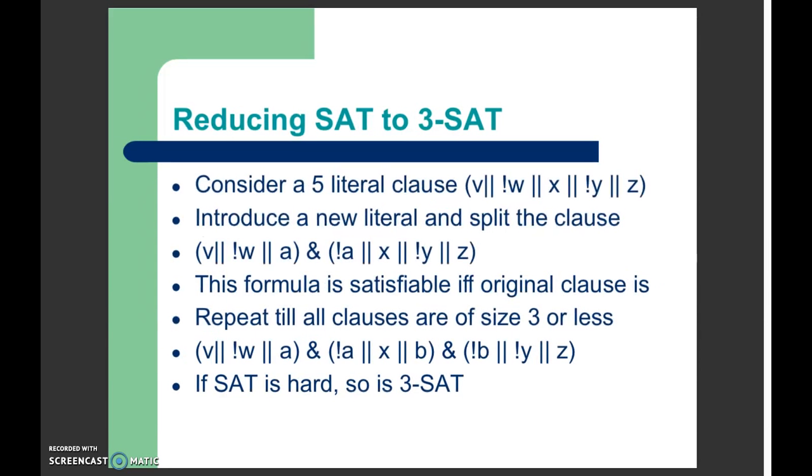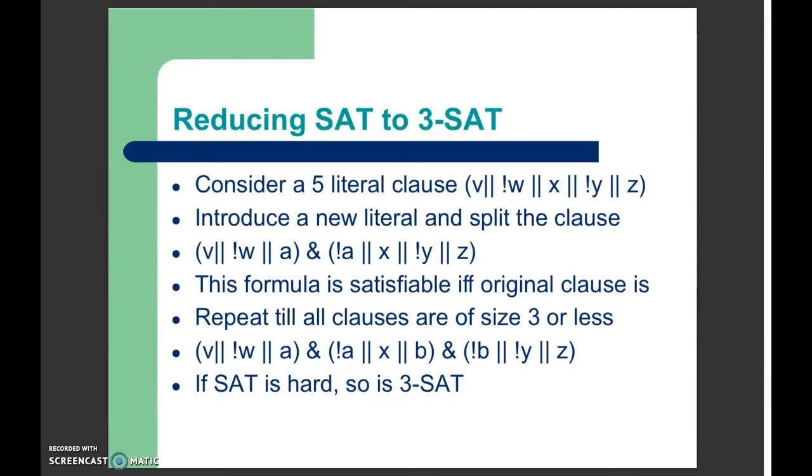Now we will see reducing SAT to 3-SAT. Consider a 5 literal clause: V or not W or X or not Y or Z. Now we will introduce a new literal A and split the above clause. Here we have split the clause into 3 literals on the right and 2 literals on the left with the help of A. So we have got that, which is represented in the third point.